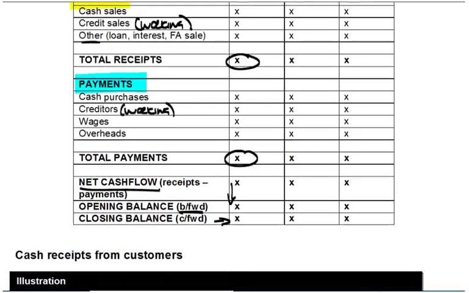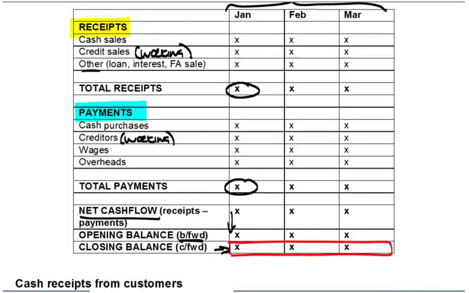So we're really looking at these bottom line figures just to see, am I always okay for cash, i.e. is the figure positive? If it's negative, that means we're going to start running out of cash. Our payments have exceeded our receipts, and then we're going to need to find some sort of way of funding that, maybe through an overdraft or a loan or some other sort of funding.